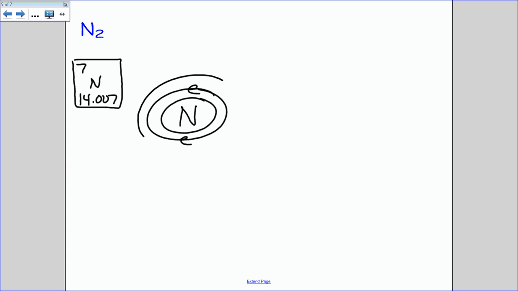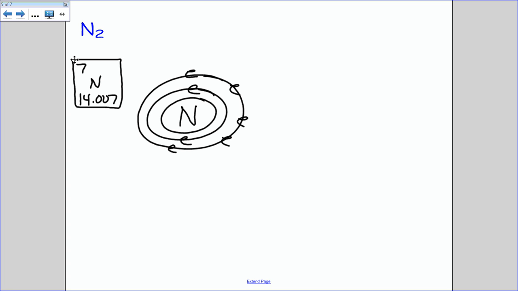Alright, so nitrogen has a total of 7 electrons. I get 2 in the first, and how many are left for the second? 5, right? Nobody's yelling at me for doing this. I've been told that you could just put them wherever. No. Remember that they're moving all the time, right?